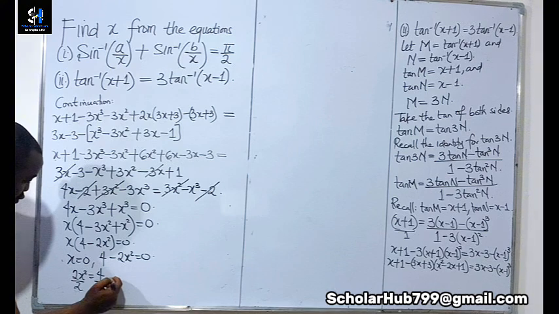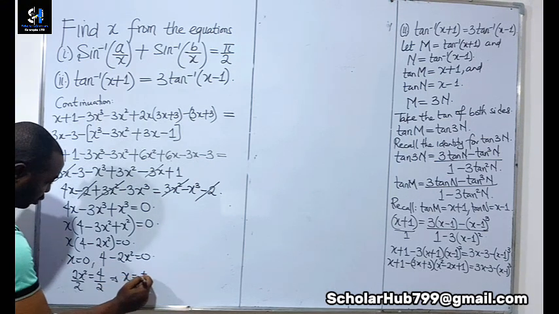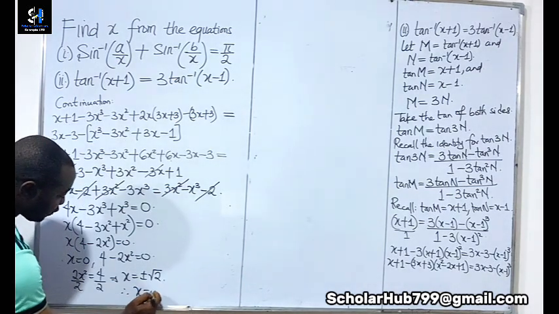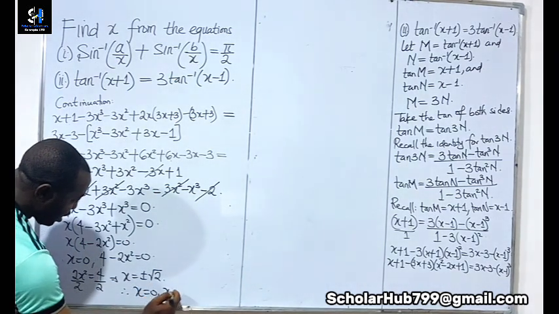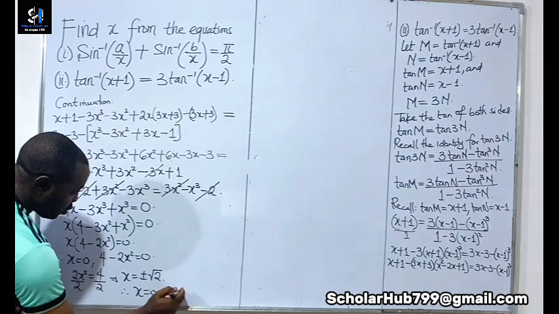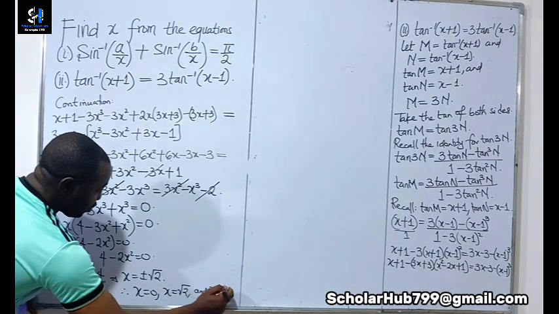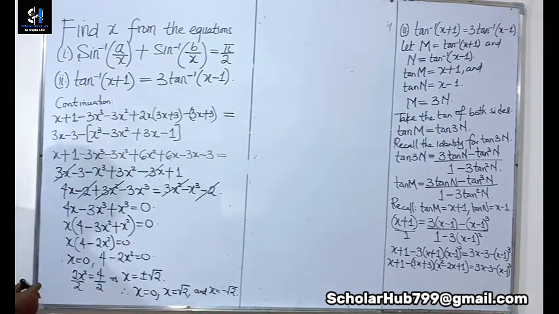Dividing both sides by 2, we're going to have x equals plus or minus square root of 2. So we have these values for x: x equals 0, x equals root 2, and x equals negative root 2.